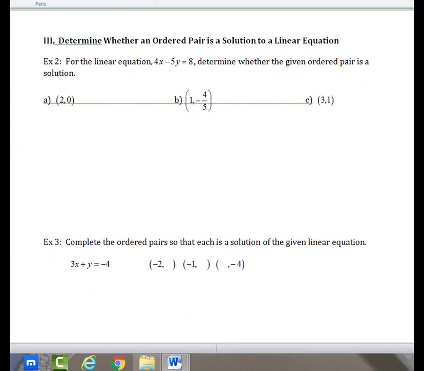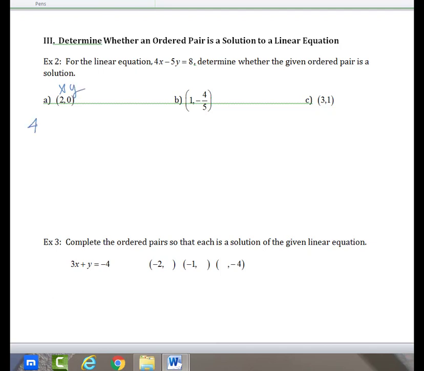So the first thing we want to do before we actually graph a line is to check to see whether an ordered pair is a solution to an equation. So we'll start off by checking the first ordered pair. We know that the x-coordinate is first and the y-coordinate comes second.